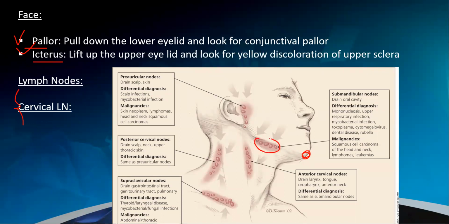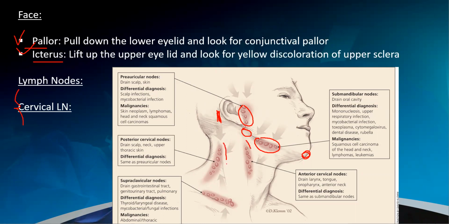Here, you look at the submandibular lymph nodes. You move upward around here. That's your pre-auricular lymph node. That's your post-auricular lymph node. Sometimes here, at the angle of the mandible, you can also find a jugulodigastric lymph node. That's mainly for tonsil enlargement.